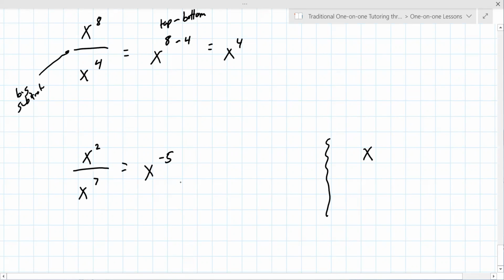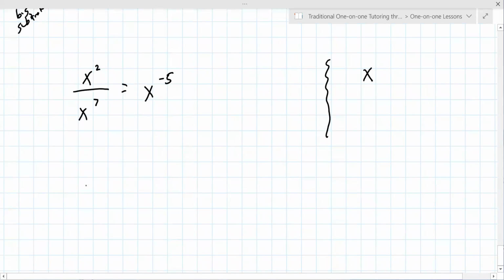Yes, and the answer is written like this. Perfect. Okay, so let's try another one. Let's try x to the 4th over x to the 9th.